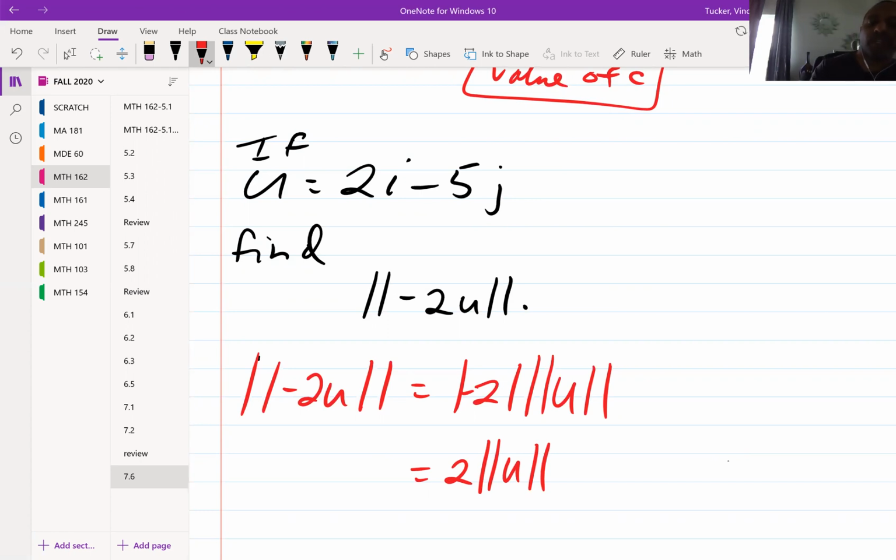Now don't forget, when you go back to the magnitude of u, you have it in your i and j components. That's going to be the square root of a squared plus b squared.